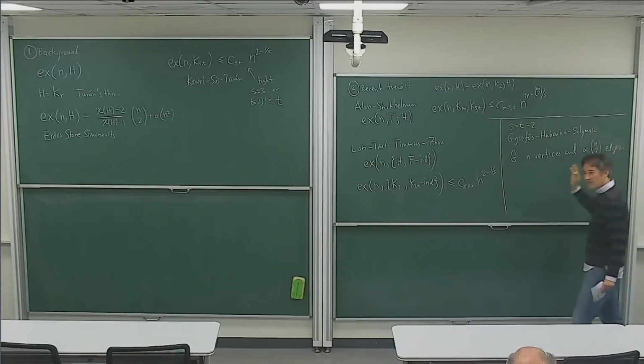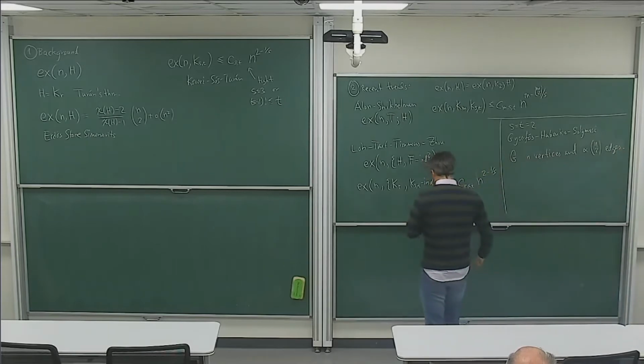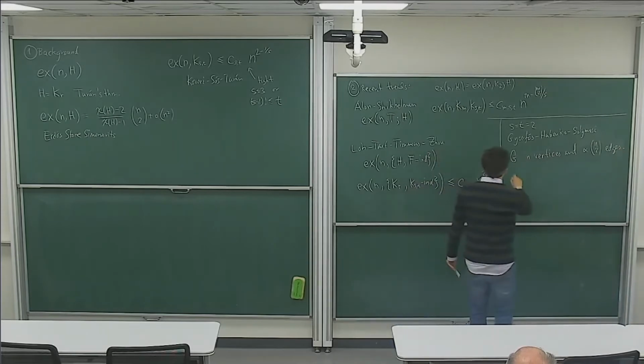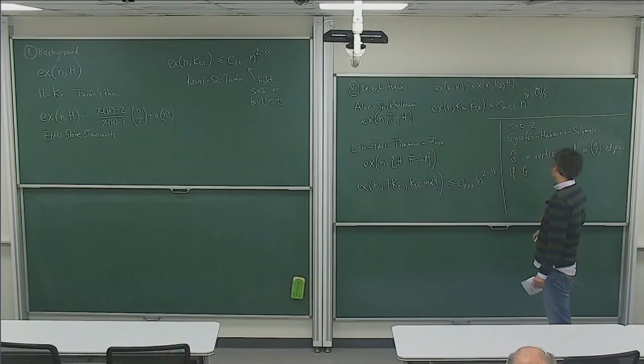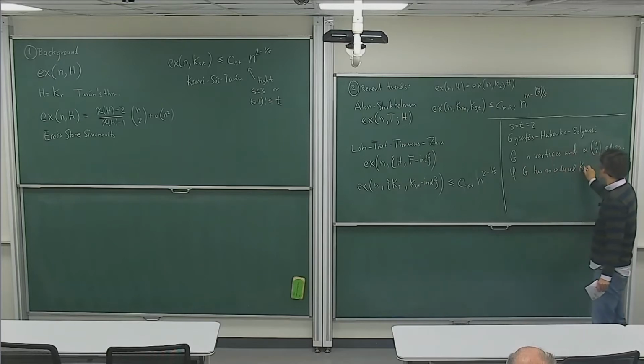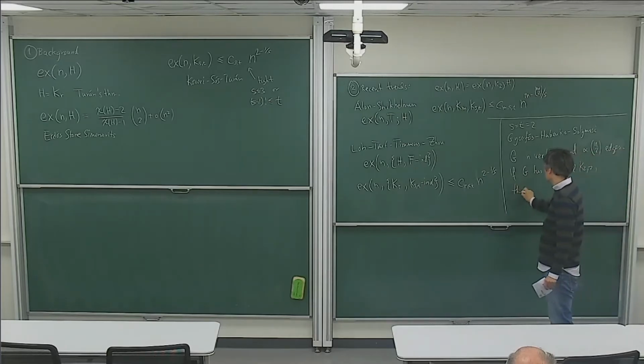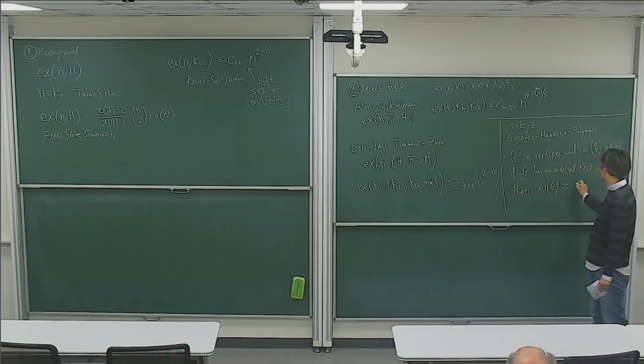Okay, so we have a dense graph, right? And then if G has no induced K_{2,2}, then the clique number of G is at least c squared over 10 times n.